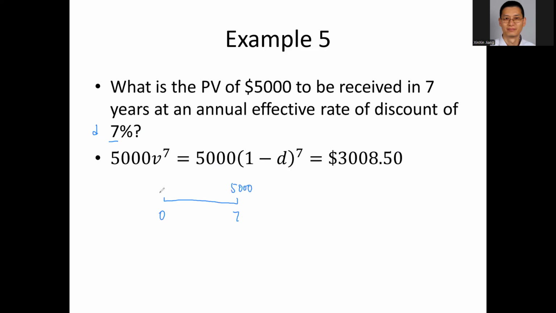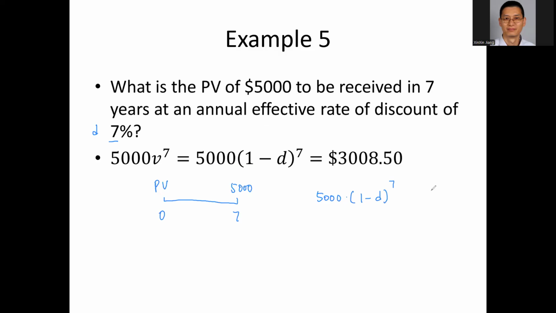You have a discount rate given, so you need to discount back. It's 1 minus d to the 7.